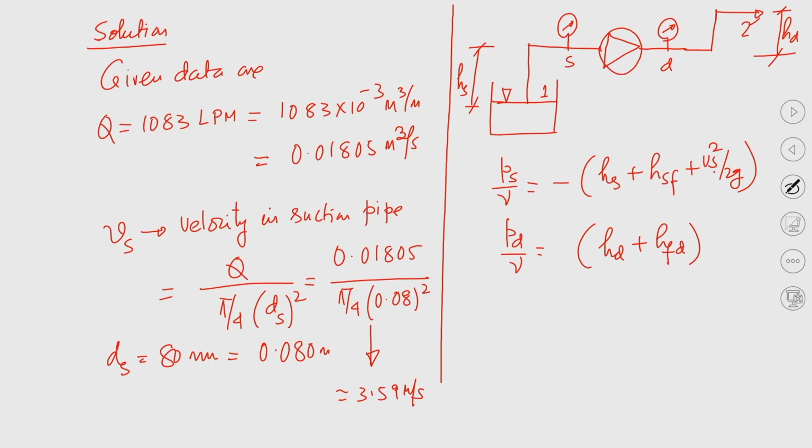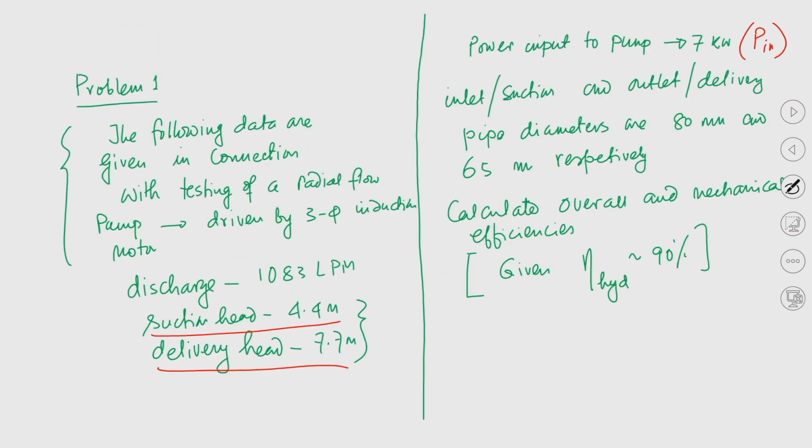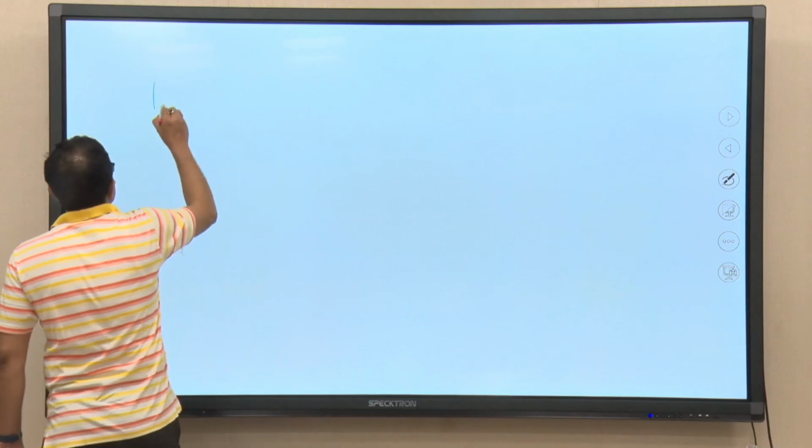If we go back to the previous slide, this is basically capital H s and this is capital H d. These values are given over here. If we use these values to calculate the total head, it will be H d plus H s plus V d square minus V s square by 2 g.